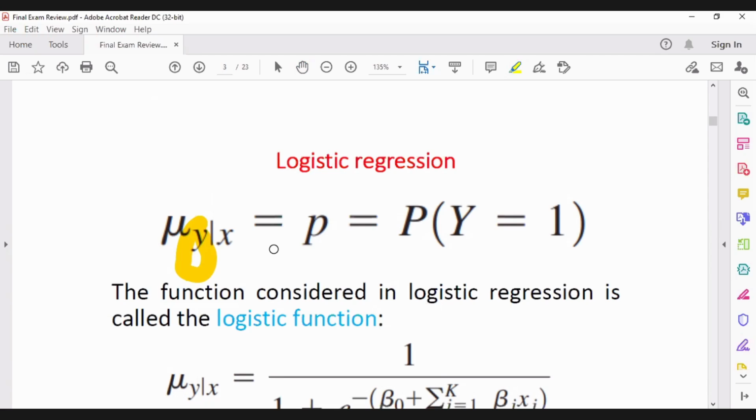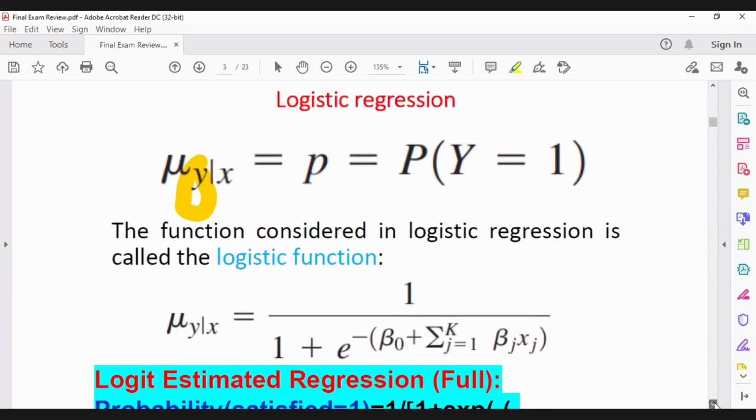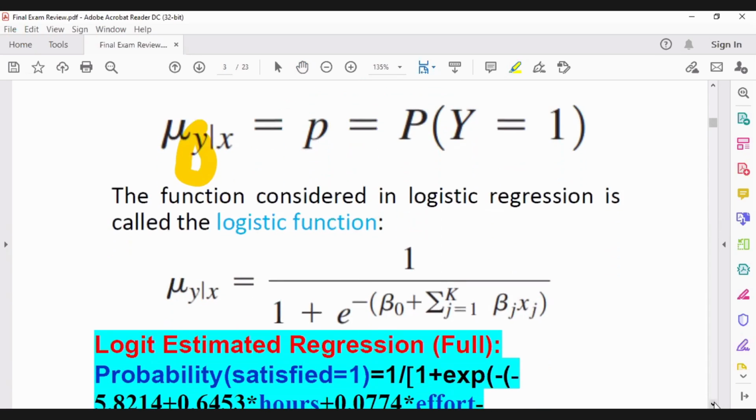But under logistic regression, the mean of y given x is equal to the probability p, and this probability p is equal to the probability that y is equal to 1. This function is called a logistic function, and it is given by the following formula, where the mean of y given x is equal to 1 over 1 plus exponential of minus beta 0 plus beta 1 x1 plus beta 2 x2 and so on.